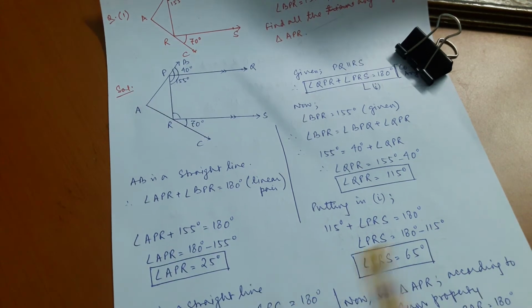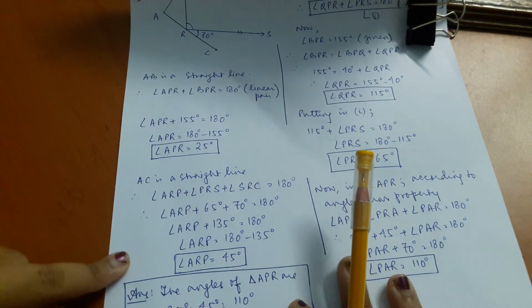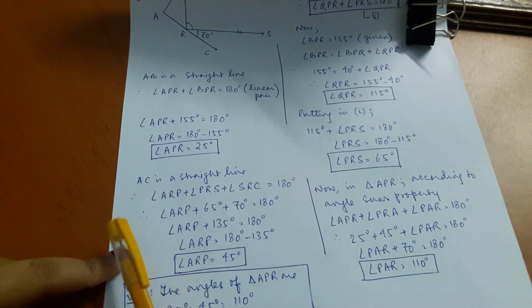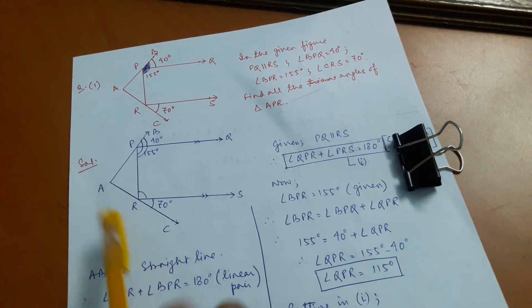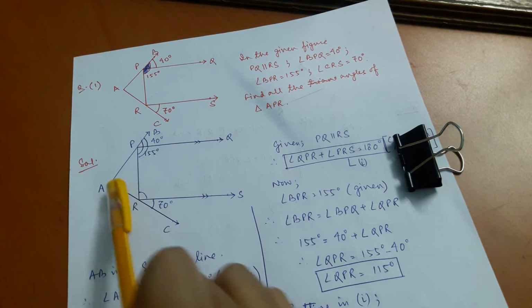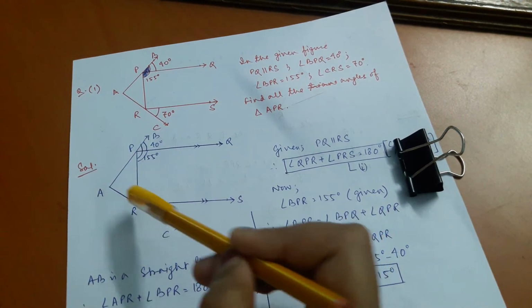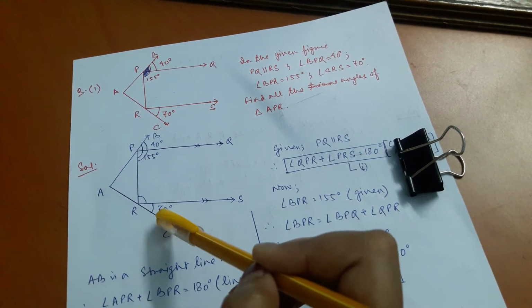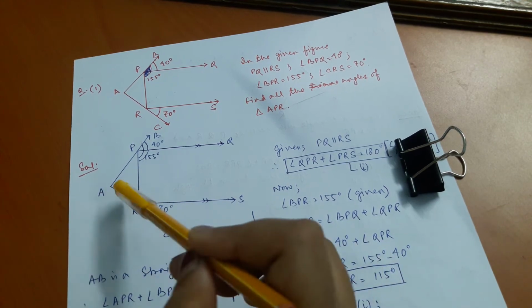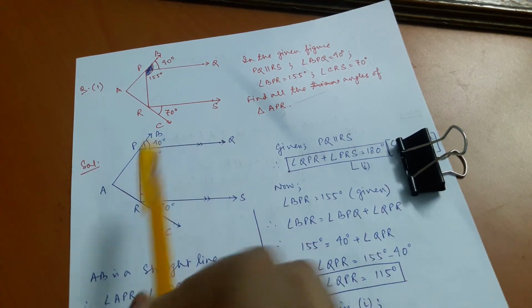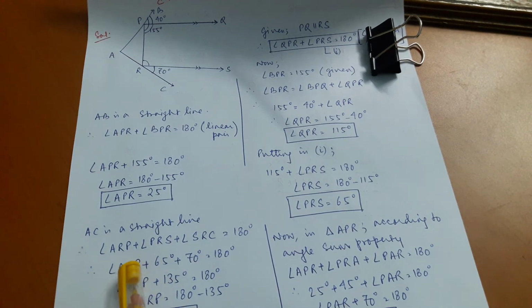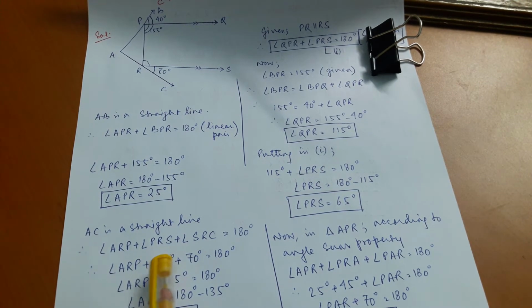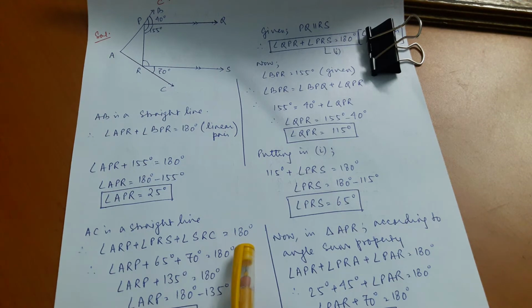Now AC is a straight line. Look at this. AC is a straight line. Therefore angle ARP, if AC is a straight line, it means the sum of these three angles will be equal to 180 degree, because this whole angle is a straight angle of 180. So we can say angle ARP plus angle PRS plus angle SRC equals 180 degree.